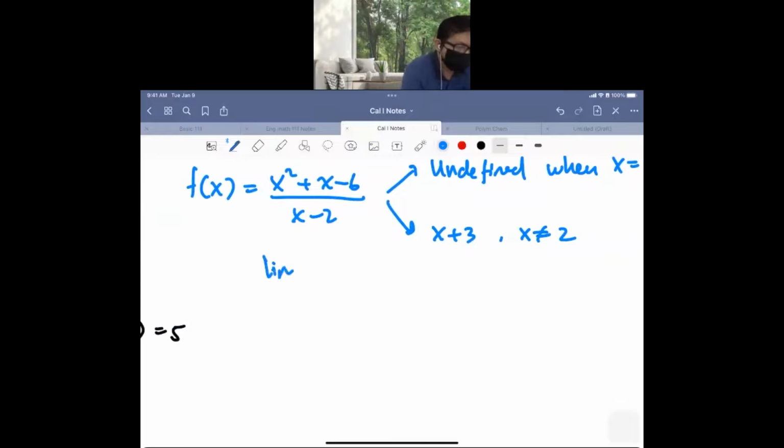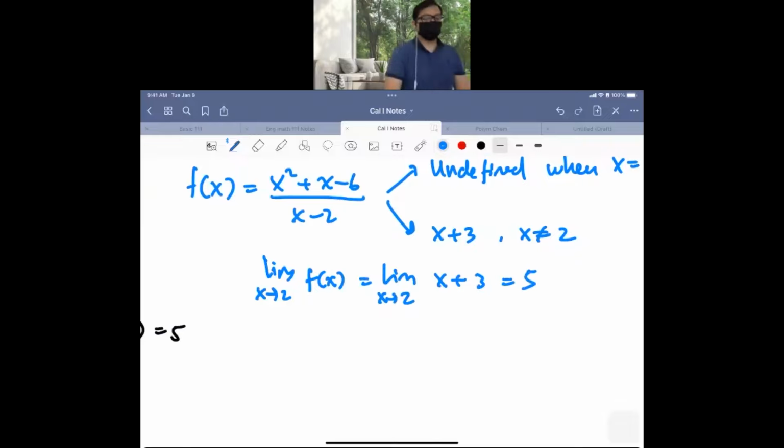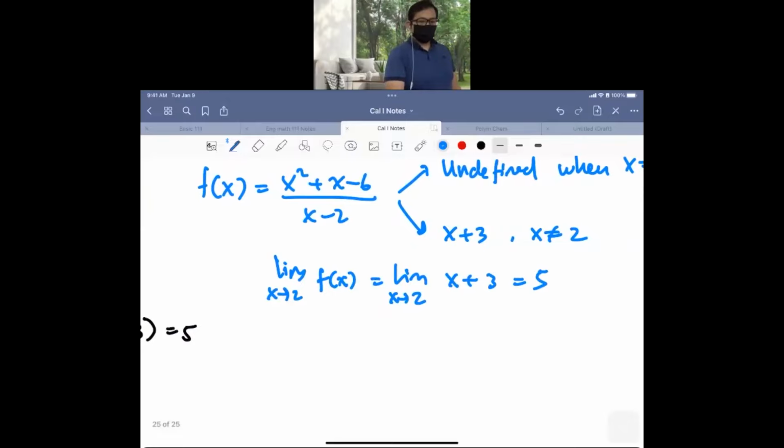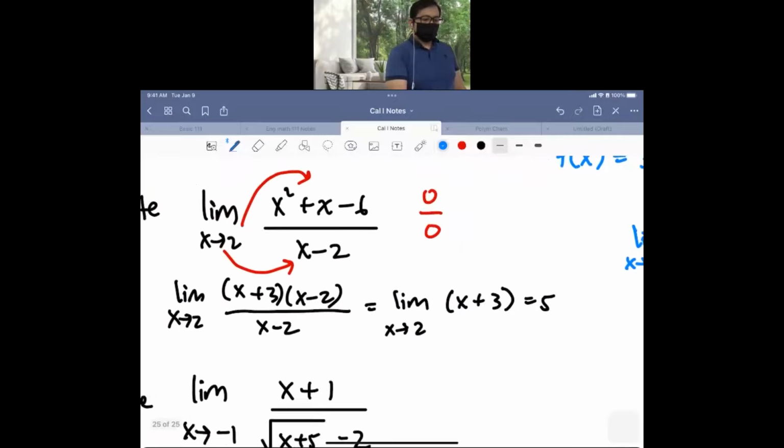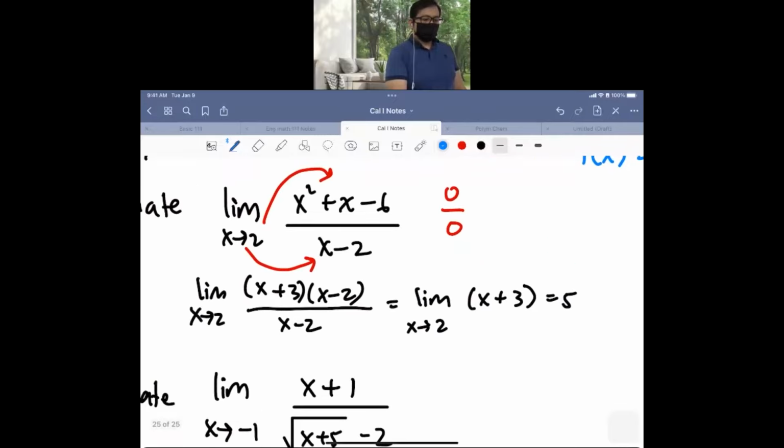So we are going to the limit of f(x), which is the limit of x plus 3, which is 5. I just wanted to show you the structure. But of course, in our computation, you can directly go here and answer 5.